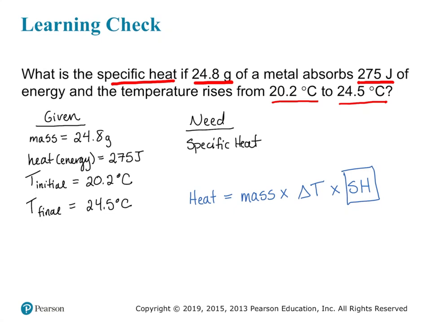All right, so I'm going to rearrange this equation. So what we'll do is divide both sides by mass and change in temperature. Okay, so then mass cancels, change in temperature cancels on the right-hand side. So the specific heat is equal to heat over mass and change in temperature.